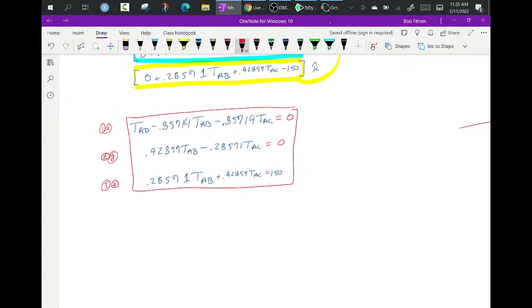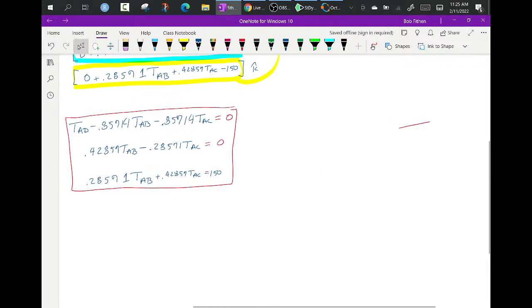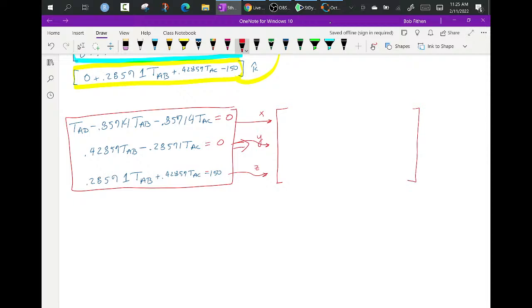So here, I'm going to try to make it so I can move this to the right a little bit. I'm going to go ahead and list these in a matrix in which this equation will go first. It's the x equation. It doesn't have to go this way. The y equation and the z equation. And I'll have some numbers.